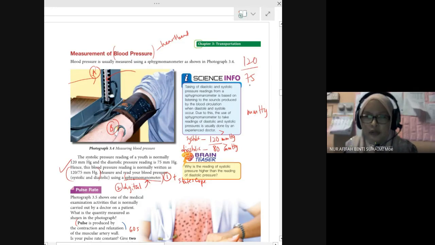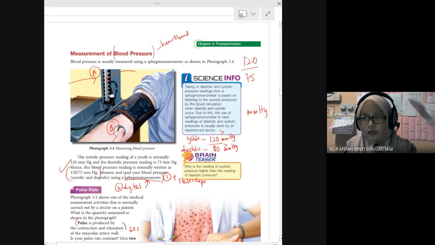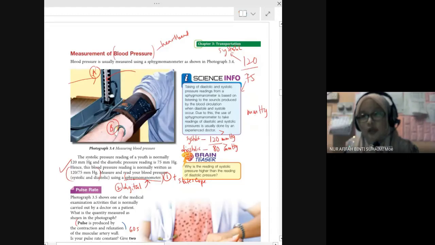So here we have two readings, top and bottom. The top reading refers to the systolic reading. Top is systolic. I write again, systolic blood pressure reading. The bottom measurement refers to the diastolic blood pressure reading.